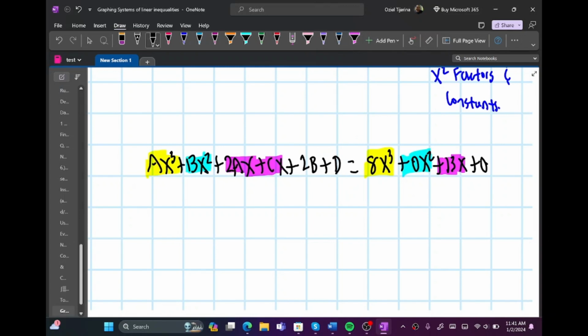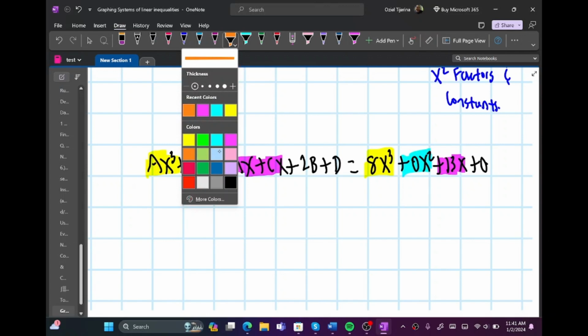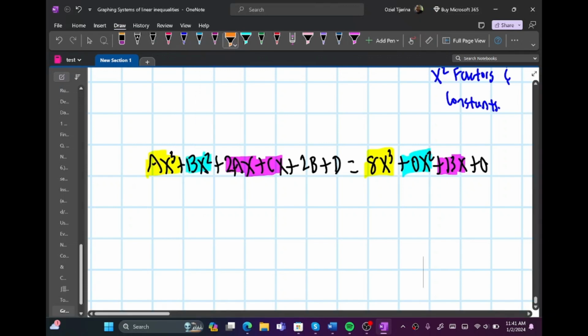It's in terms of just one x. And then the 0 would be the 2b plus d. So, this part will be this part.